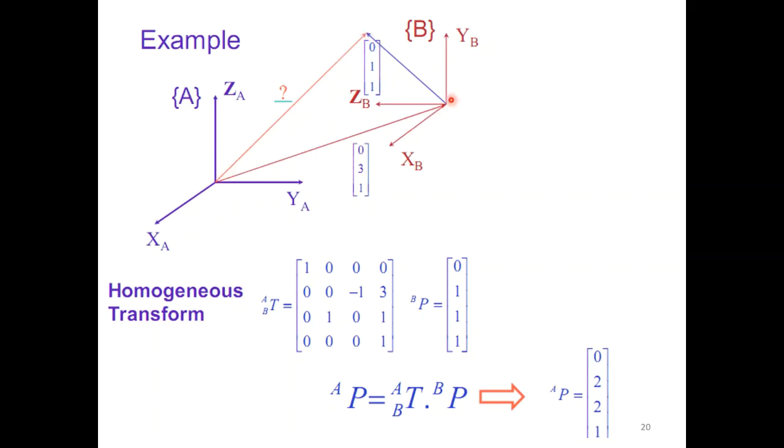And this point is 0, 3, 1. 0 is the x coordinate because there's nothing coming out of the board, nothing going into the board, right? It's on the plane of the board. And y coordinate is 3, which means along this y direction, it is 3 units, 1, 2, 3. And along z direction, this is 1 unit, right?